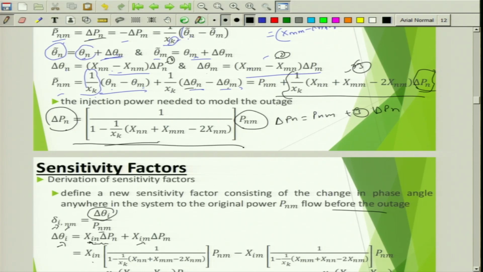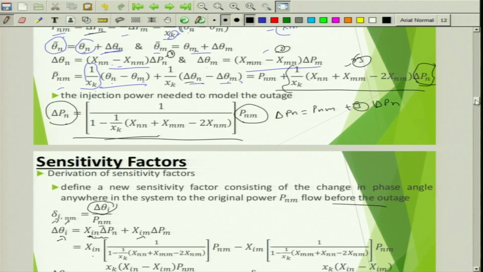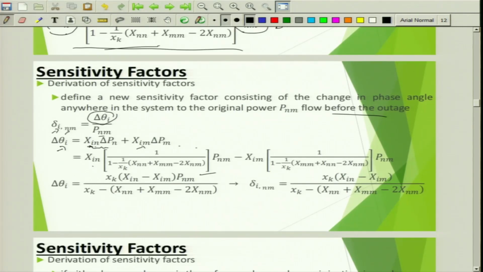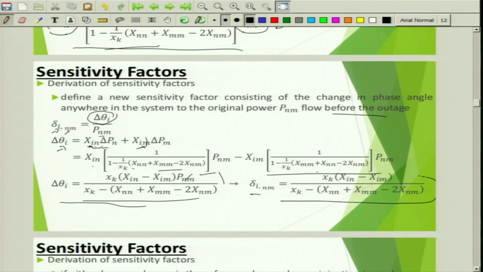Now I am just replacing that here, and keeping xim as it is, delta Pm you just replace by minus delta Pn, then you will get the same expression. This is nothing but this, these are the same. Then now delta theta I can be expressed as this expression, just mathematical manipulation, and now you replace delta theta I with this expression and you get delta Inm as this divided by Pnm, and Pnm gets cancelled, and then you will get only reactance here.